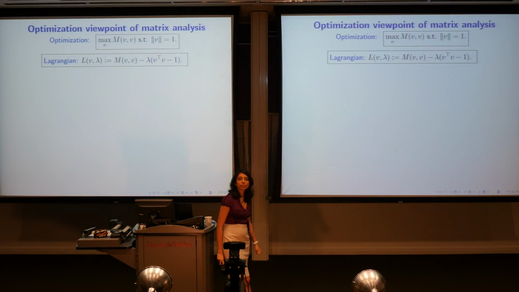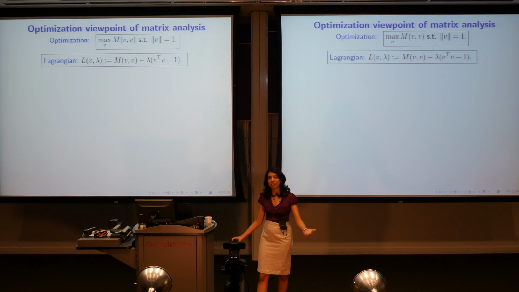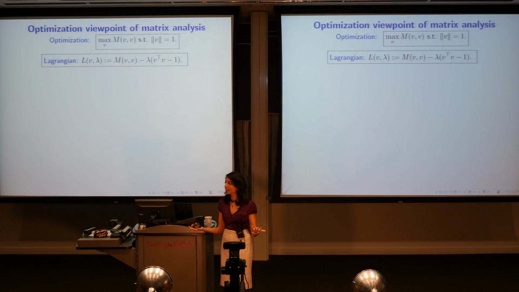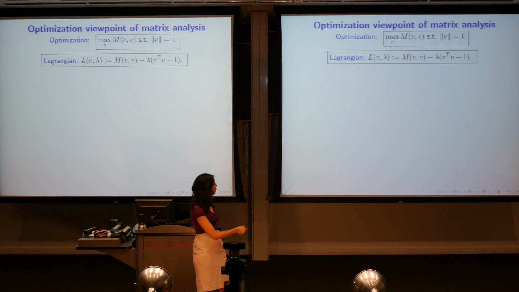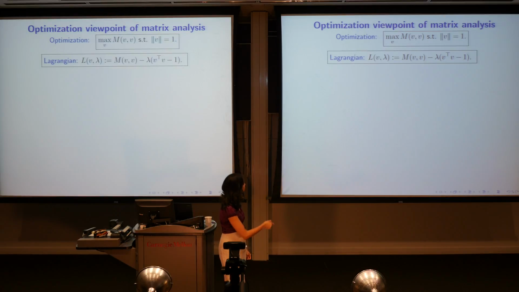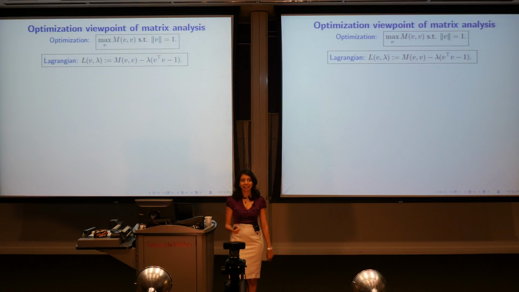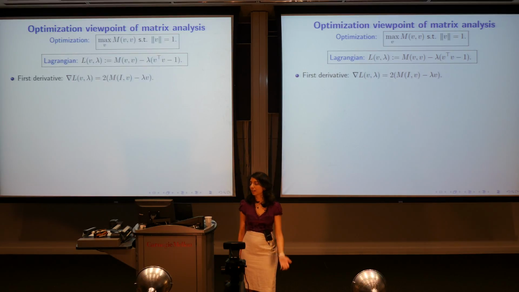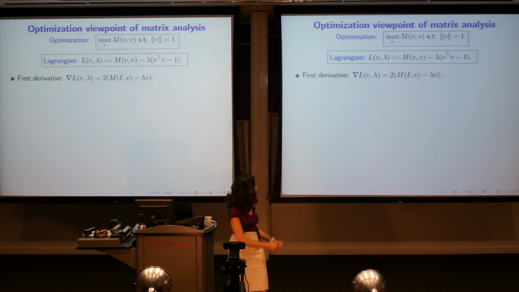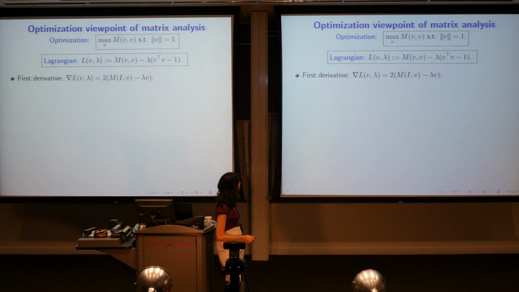Okay, so to see what the local optimizers are, the first thing we'll do is write down the Lagrangian. Because I have this norm constraint, I'm going to write down the Lagrangian incorporating that constraint. So lambda is a Lagrange multiplier in this case. Now I'm going to take derivatives. I look at the first derivative, and I know that the stationary points, where this first derivative vanishes, are the fixed points of this equation here.